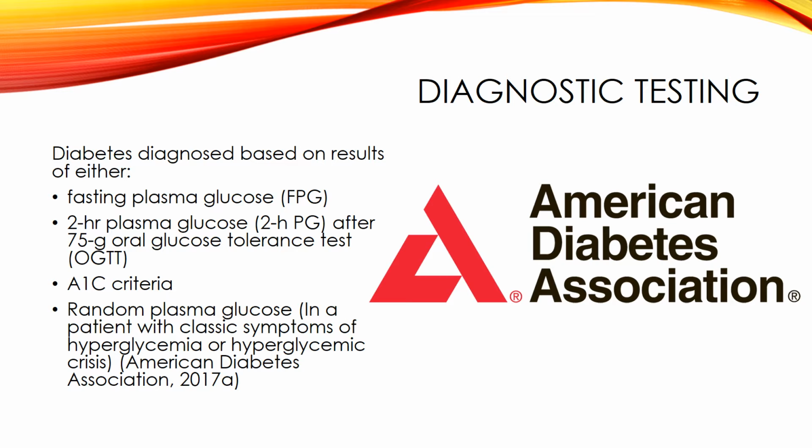Diabetes can be diagnosed based on the results of the following diagnostic tests: fasting plasma glucose, a 2-hour plasma glucose after a 75-gram oral glucose tolerance test, A1C criteria, or a random plasma glucose in a patient with classic symptoms of hyperglycemia or hyperglycemic crisis.